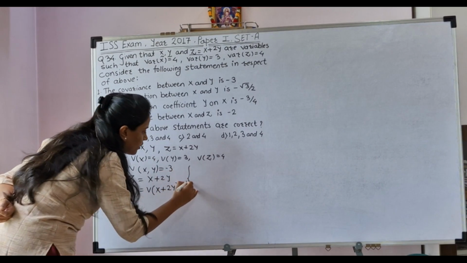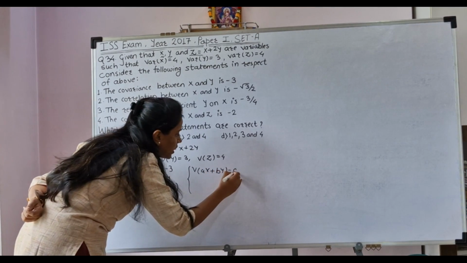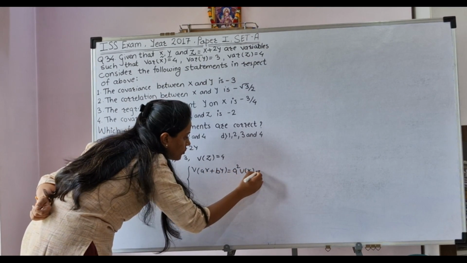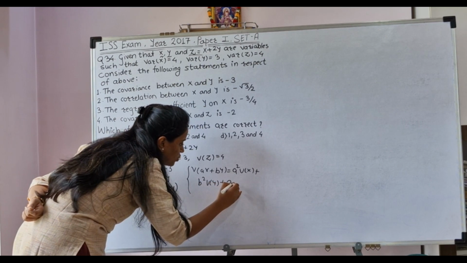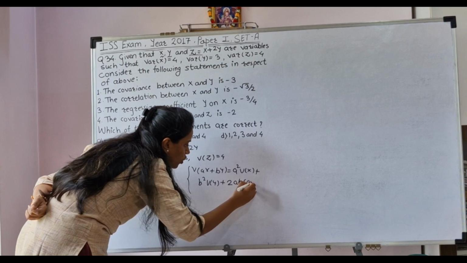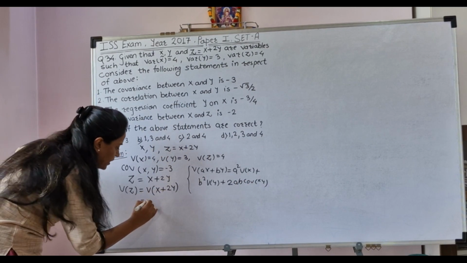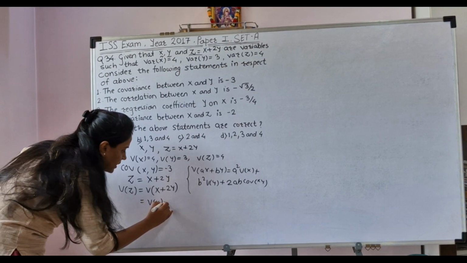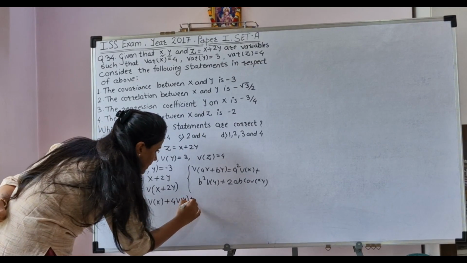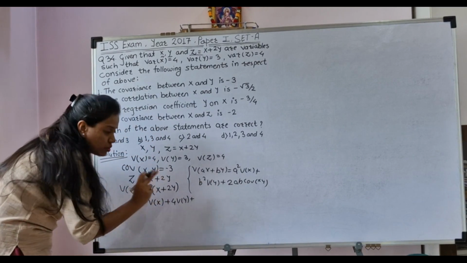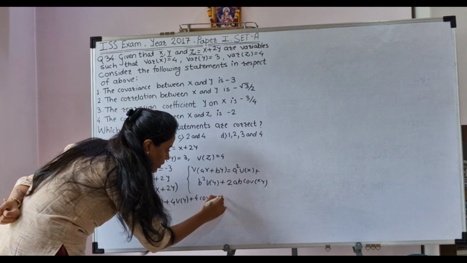Now we know that variance of ax plus by is a square into variance of x plus b square into variance of y plus 2 times ab covariance of xy. Now the same we can expand. It will be variance of x plus 4 times variance of y plus 2 into this 2, so we will get again 4 times covariance of xy, right?